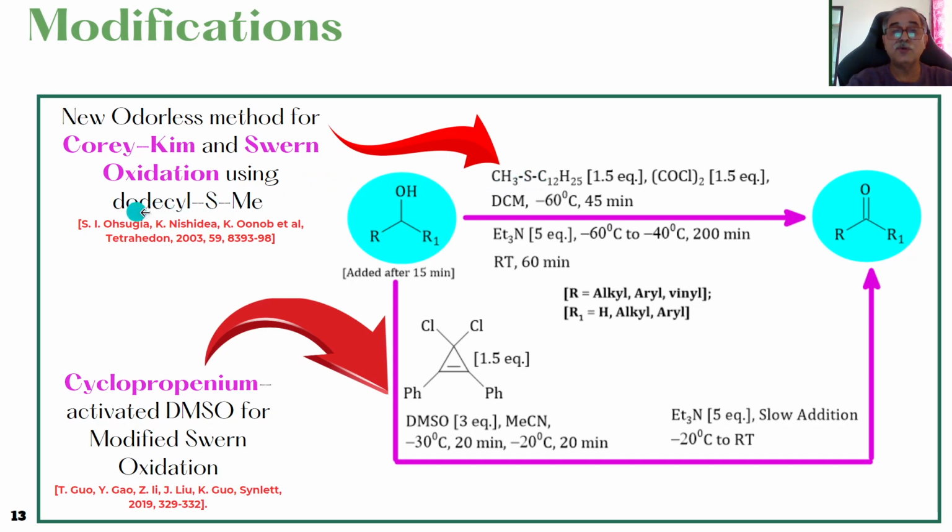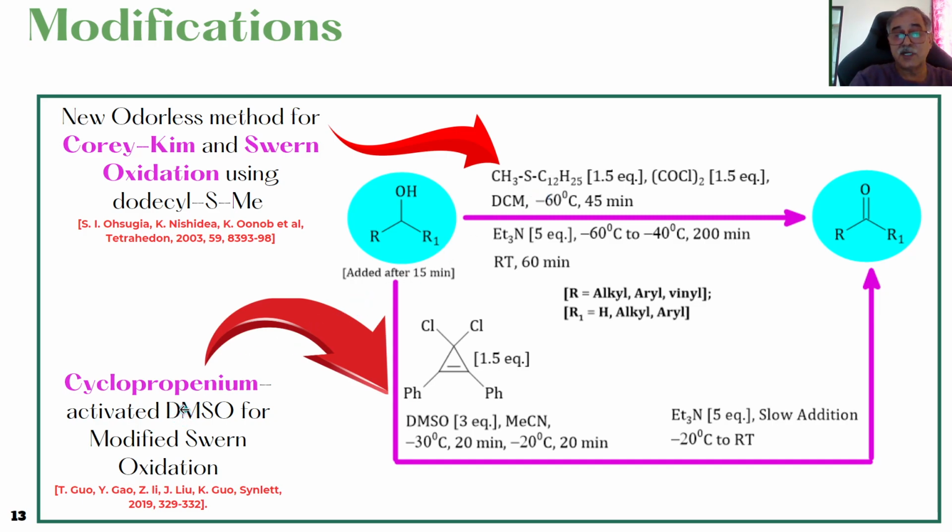So dodecyl methyl sulfide was used instead of DMSO, and this in combination with oxalyl chloride led to the formation of corresponding aldehydes and ketones. So this is the modification part, that instead of DMSO we used sulfides.